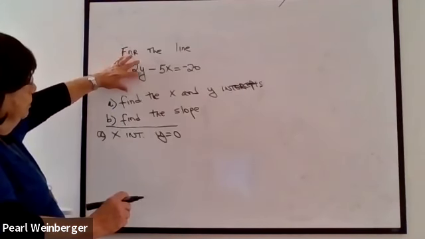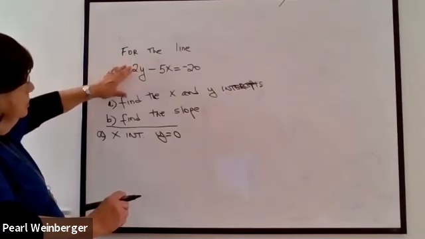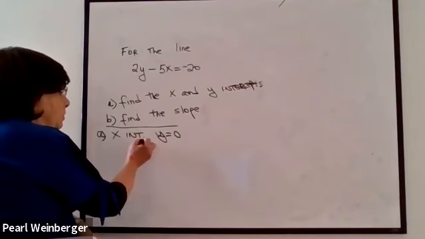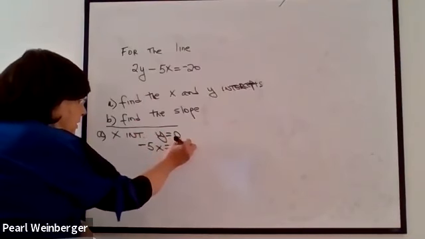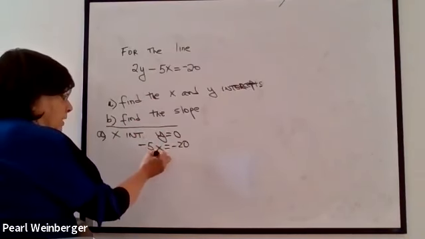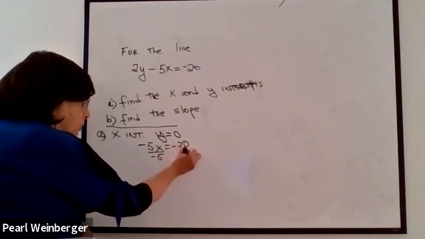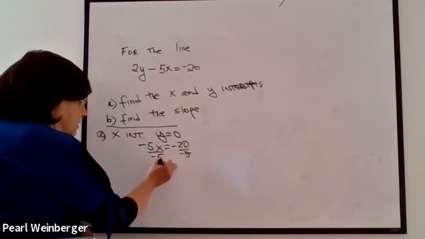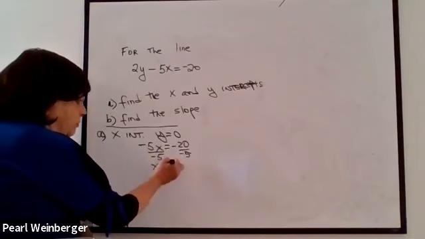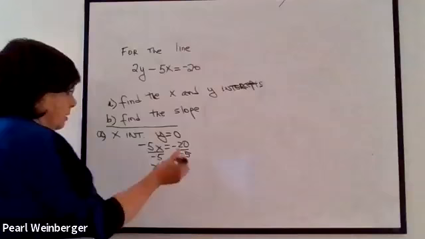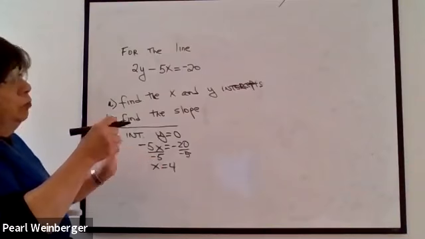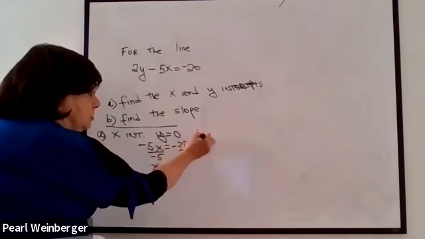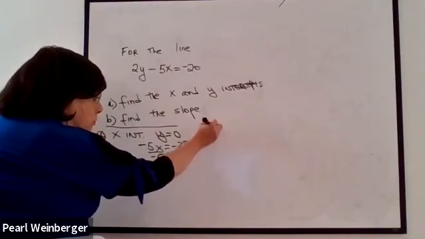When you replace y with 0, 2 times 0 is 0, so that term disappears. All you're left with is negative 5x equals negative 20, which you solve by dividing both sides by negative 5, so x equals negative 20 divided by negative 5, which is positive 4. You could say the x-intercept is 4, or more accurately, the x-intercept is the point (4, 0).